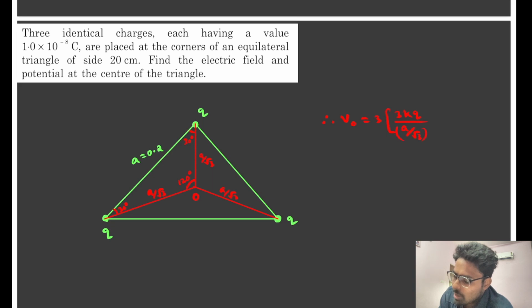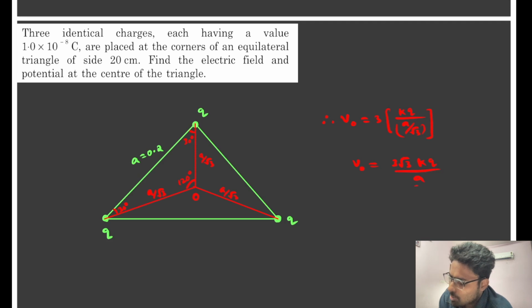One second, what I have done, my bad. So here the potential is 3 times the potential due to each charge. Potential due to each charge will be kq by r. R is A by root 3. So what will be the answer? The answer will be V naught equal to 3 root 3 kq by A.